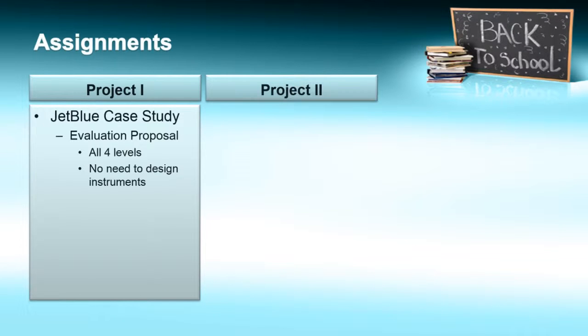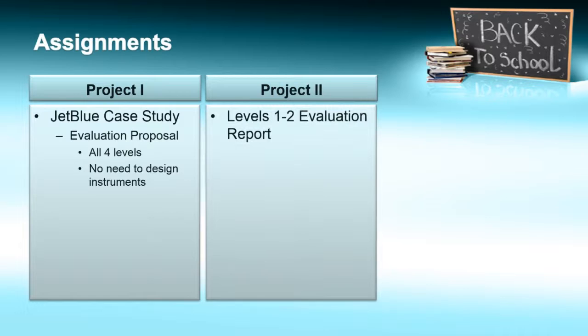Then we have project two, and that one is going to be a levels 1 through 2 evaluation report. You have the option of writing it as if you would have done it without having actually done it. And this is just an option because we understand that the intensive nature of this course, it may be hard for you to find a group of people who have been using a training program or an instructional product and will be able to evaluate all 4 levels or all 2 levels of this.